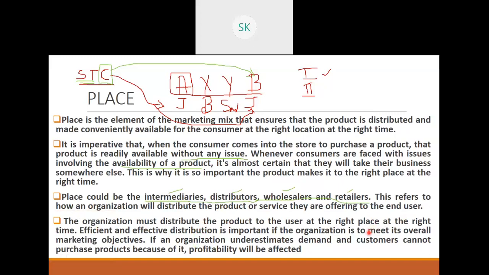They have to deliver the product after 5 days, or if they deliver it before, well and good. So they have to deliver it to the right place and right time. Then, efficient and effective distribution is important if the organization is to meet its overall marketing objectives. And if an organization underestimates demand and customers cannot purchase products because of it, profitability will be affected.